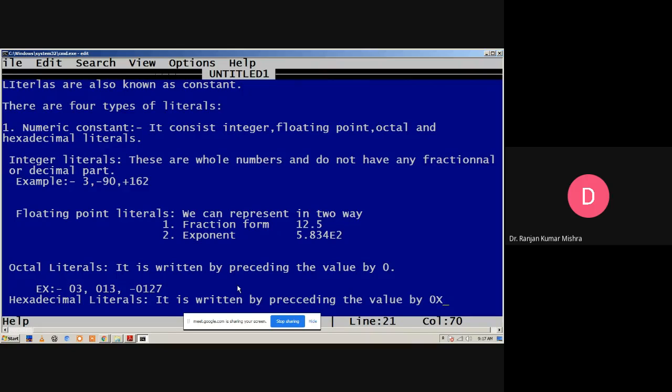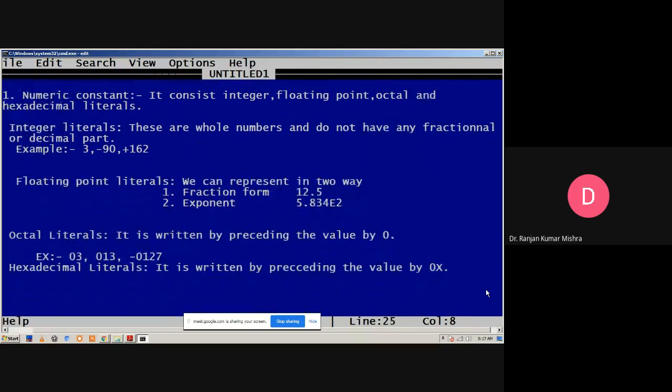When we write 0x in the place of 0, it is treated as a hexadecimal literal. As we know, it consists of the values 0 to 9 and A to F.